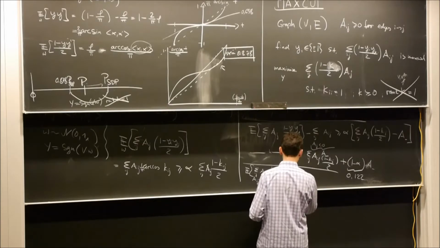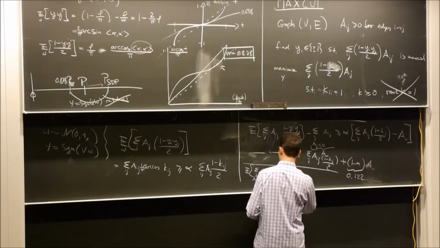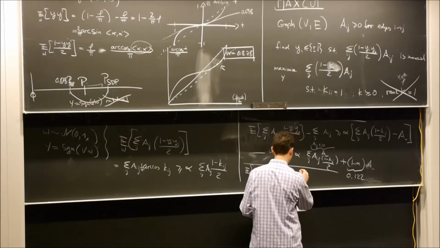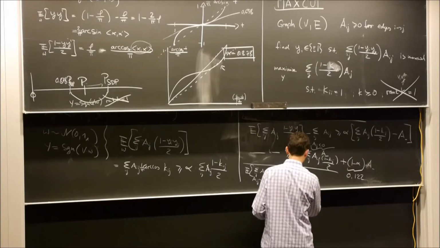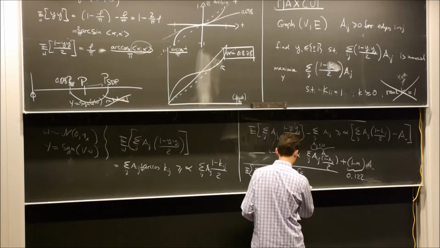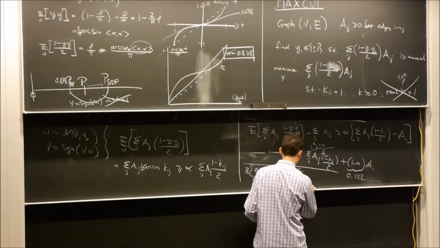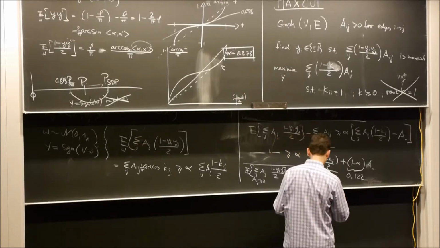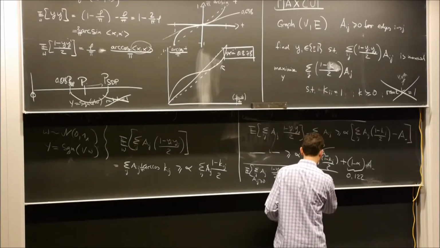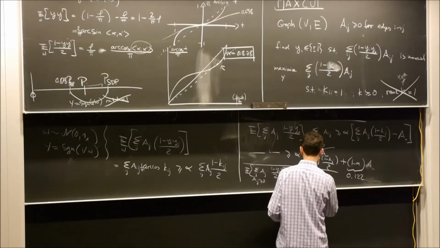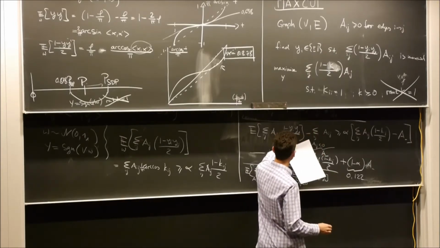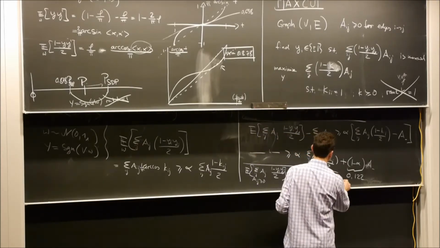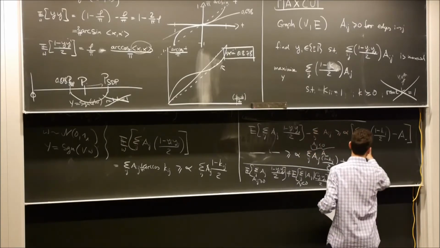So we get basically plus the expectation over some ij, aij less than 0, aij, and here we have yi yj, which will cancel out, over 2. We get the same thing on this side here.